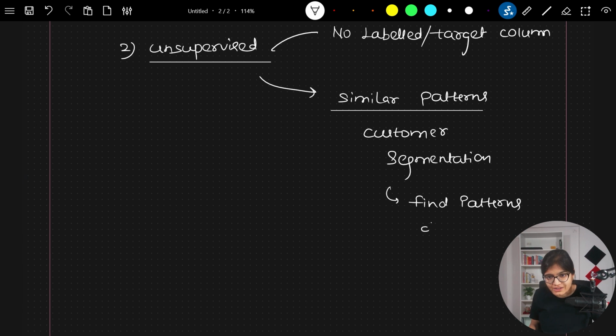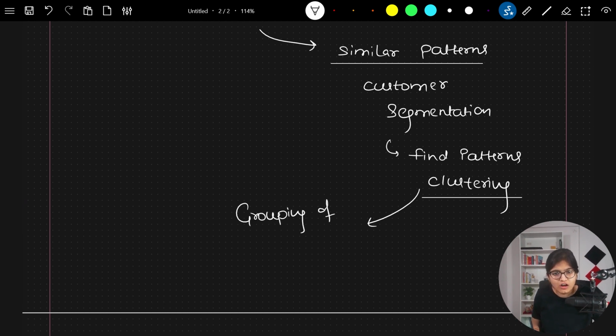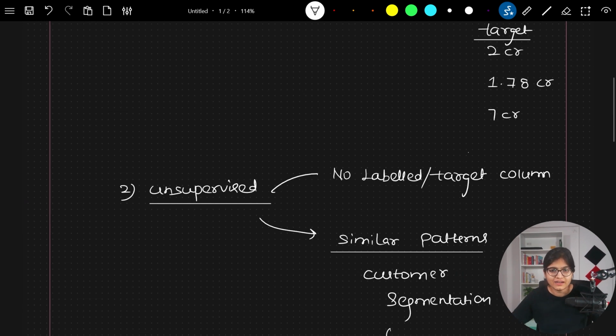This is what we call clustering: grouping of similar kind of data. And this is what we call, I would say, the unsupervised machine learning technique.